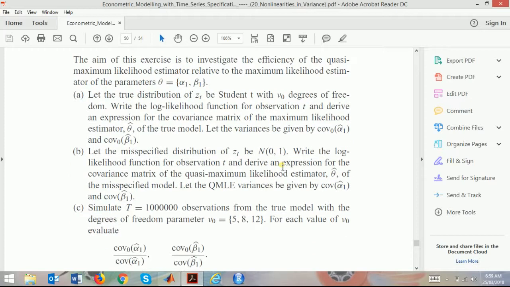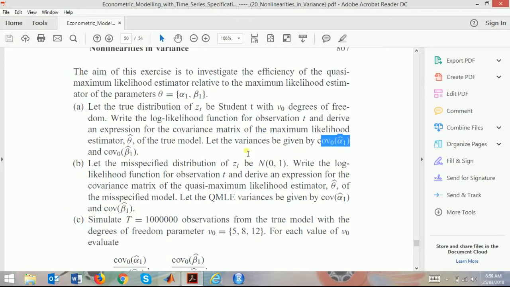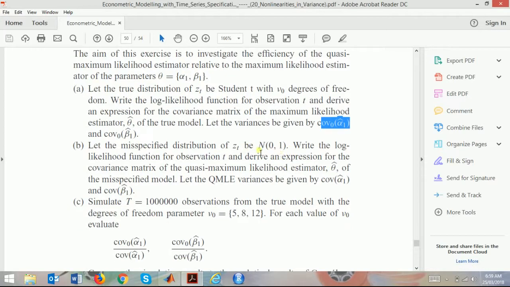We want to let the misspecified distribution of z be N(0,1). We'll talk about it. We want to write the log likelihood function for observations, so we can use the Student's t distribution, and the variances will be alpha1 squared and beta1 squared, right? And the distribution of z will have 0 mean and 1 variance.